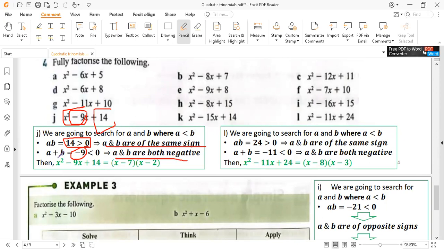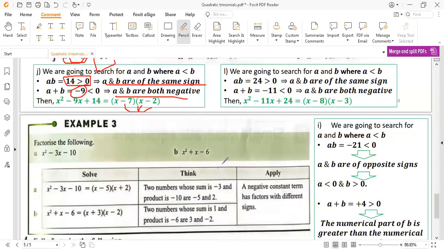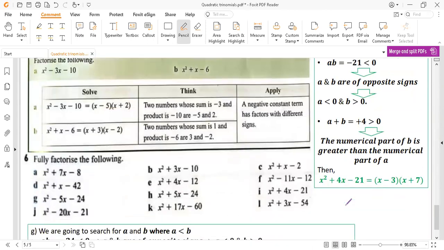Good, because they are of the same sign and their sum is negative. So what are the two numbers that we multiply to obtain 14 and add to obtain minus 9? Obviously 7 and 2, minus 7, sorry, and minus 2. So we can put it as (x minus 7)(x minus 2). You can also complete this one by yourself.